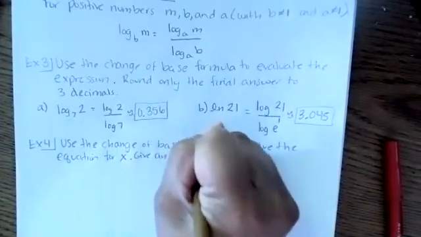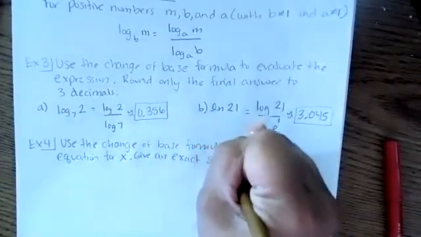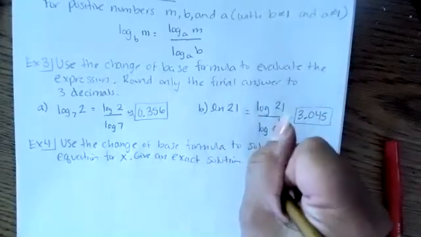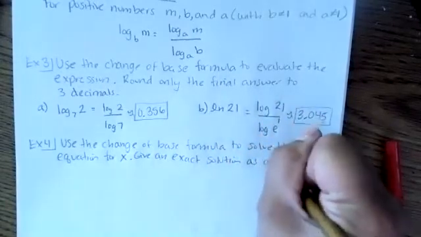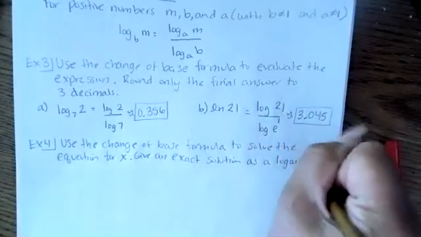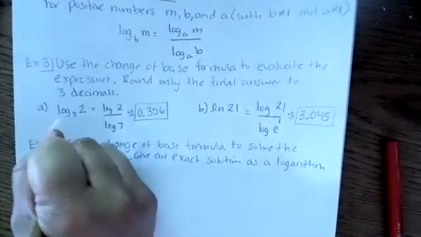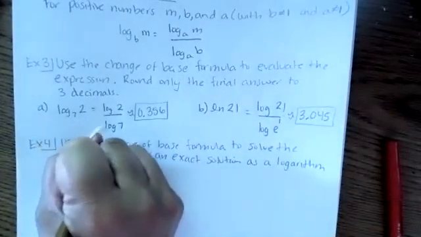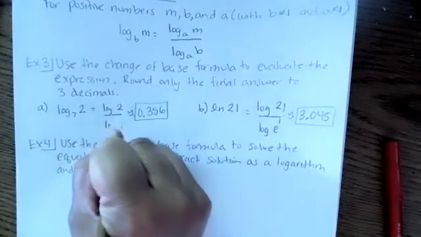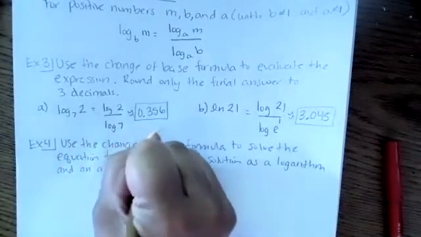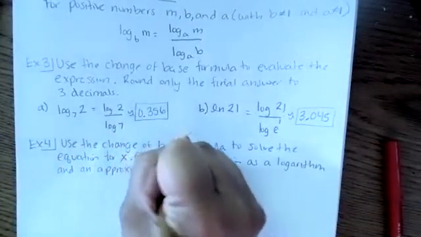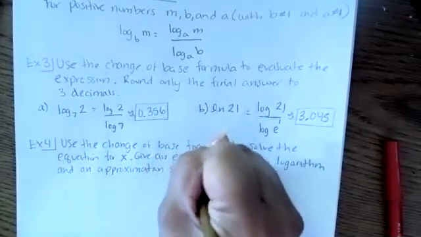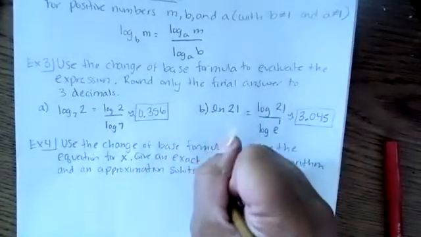Give an exact solution as a logarithm and an approximation. Solution to 3 decimal places.